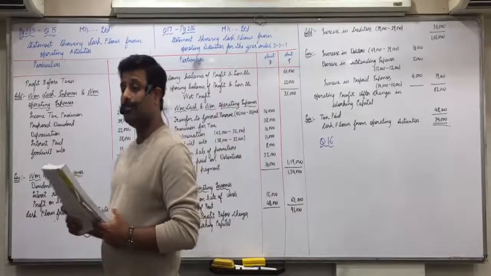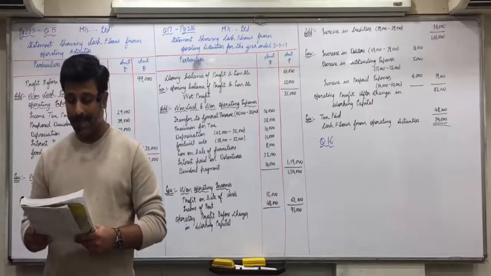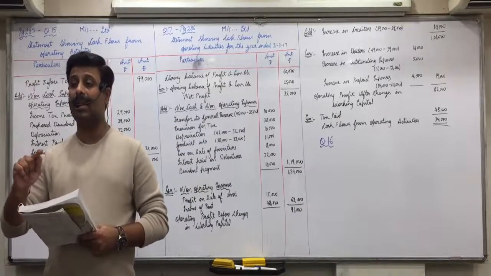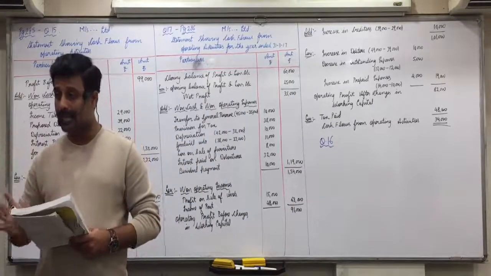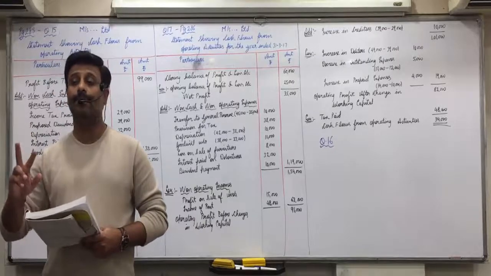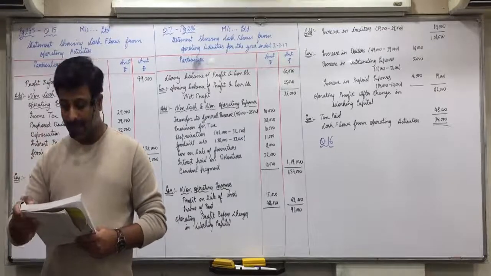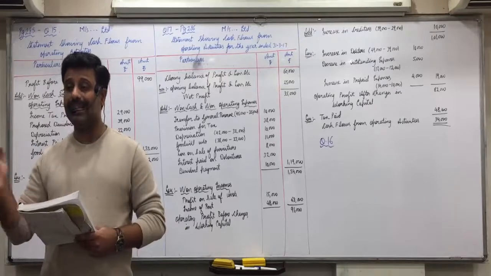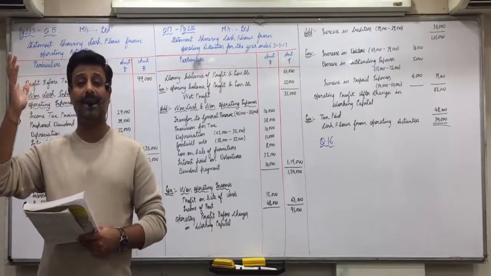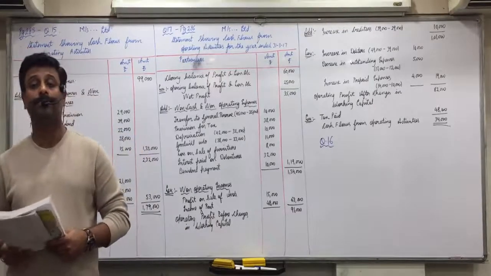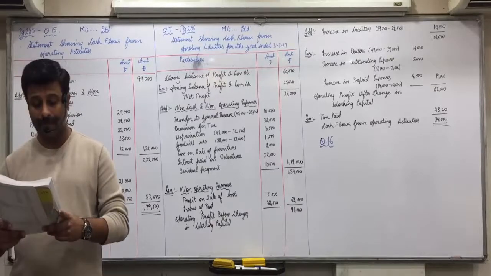Stock, O minus. Yes, first of all, on the left side, mark it as CA, current asset. Current assets are inverse relation. 45 to 60,000, it is increasing, inverse relation, so O minus. Any confusions?